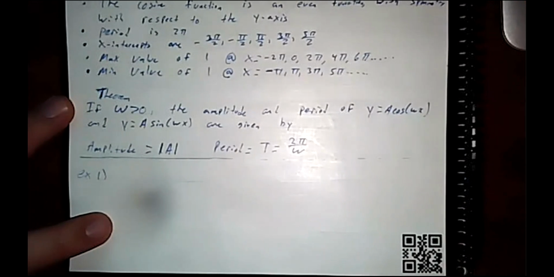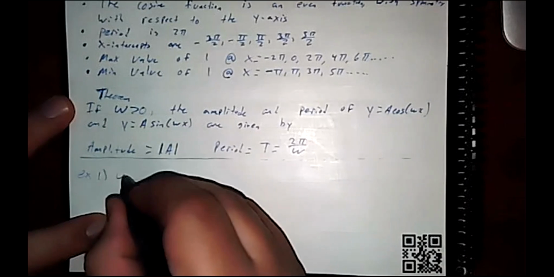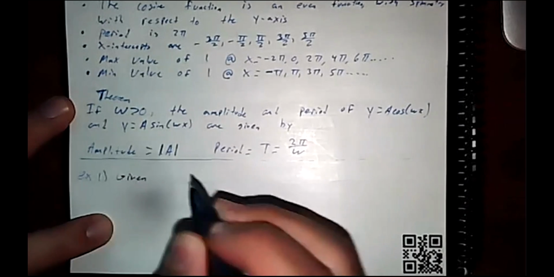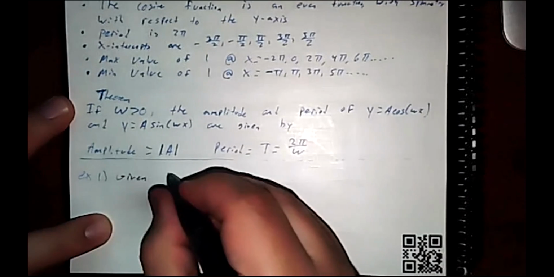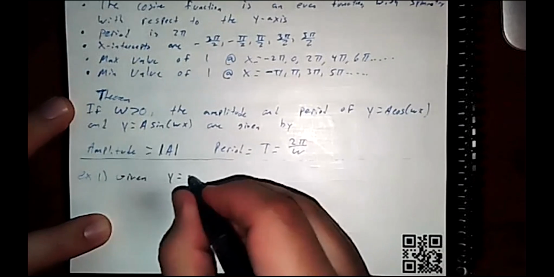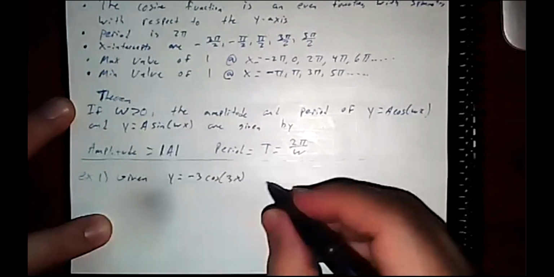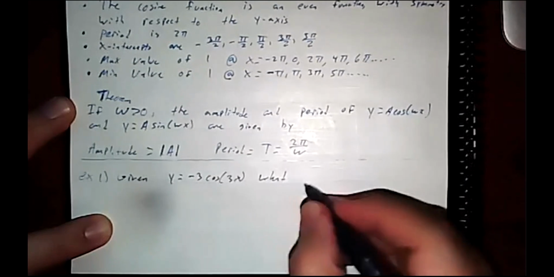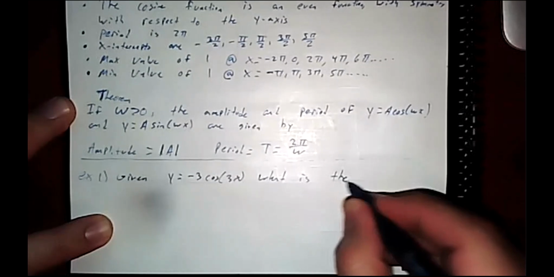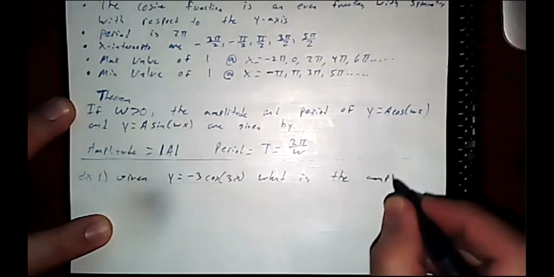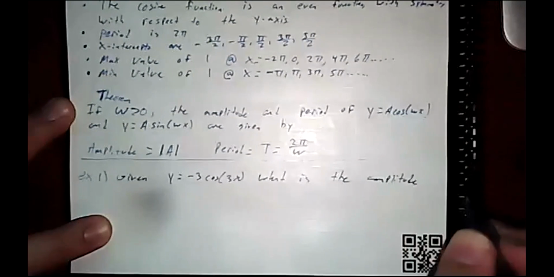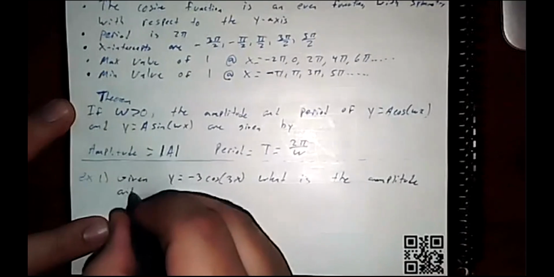This pen's failing me. So given y equal to negative 3 cosine of 3x, what is the amplitude and period?